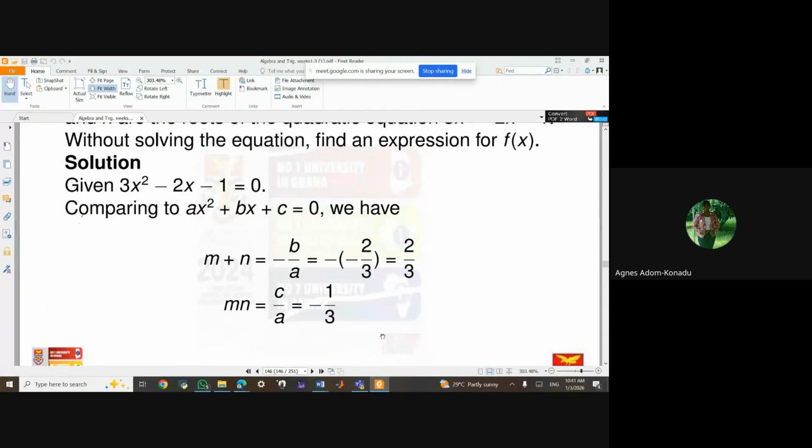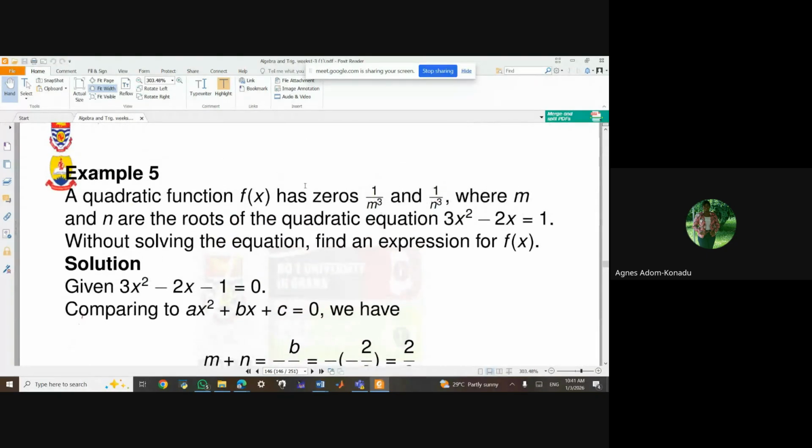And my product is c over a, my c is minus 1, my a is 3, which is minus 1 over 3. With this in mind, I want to find the equation for the quadratic which has the roots to be 1 over m cubed and 1 over n cubed.